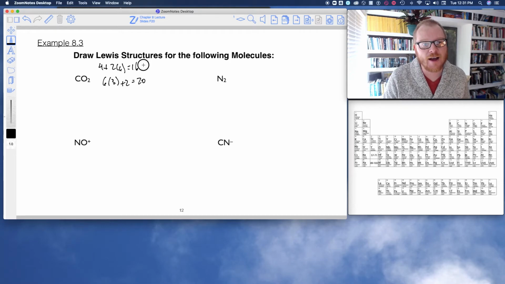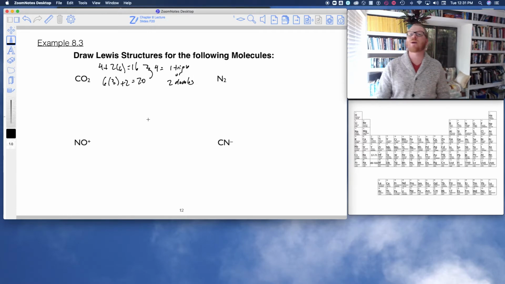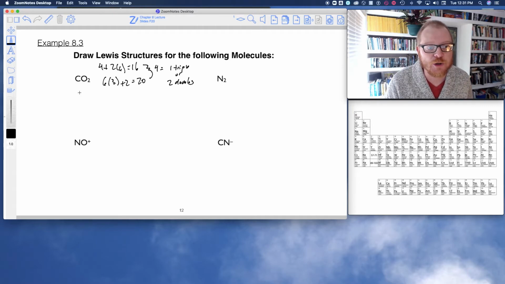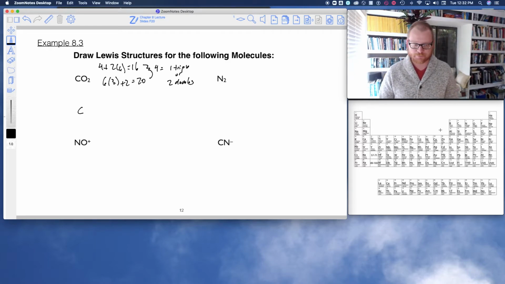Because there is a difference of 4, that's going to either equal 1 triple bond or 2 doubles, and we actually have to make a logical decision on what it should be. The first thing I'm going to do is recognize carbon is definitely the central atom because carbon has more bonding capacity than oxygen.